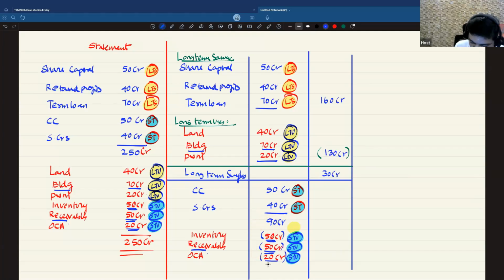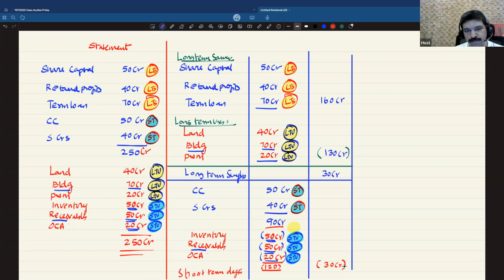So you will conclude that 90 minus 120, there is a deficit, and we call it a short-term deficit. How much is that? 90 is the source and usage is 120. 90 minus 120. You have a short-term deficit of 30 crore. Yes or no?